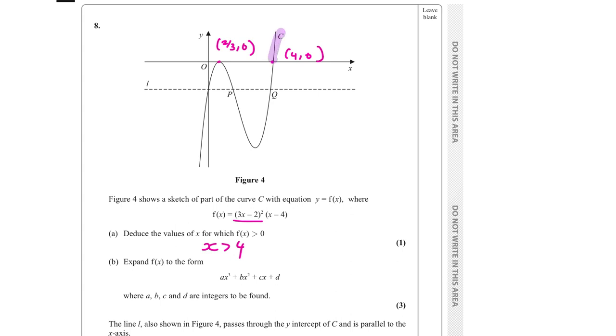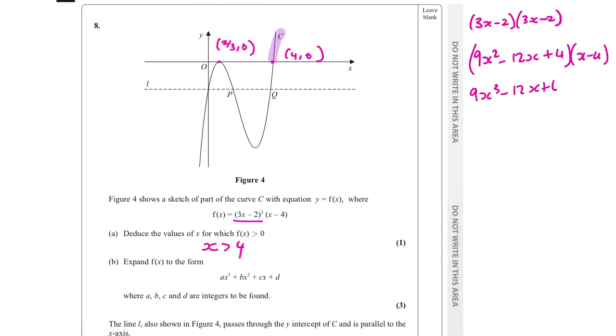Then it says expand f of x to the form. So we're just expanding this. Okay, so I'm going to expand 3x minus 2 squared first. So I'm going to get 9x squared minus 6x minus 12x plus 4. I'm now going to multiply that by x minus 4. So I like to multiply everything by x first. And then I multiply it by minus 4 and write it underneath.